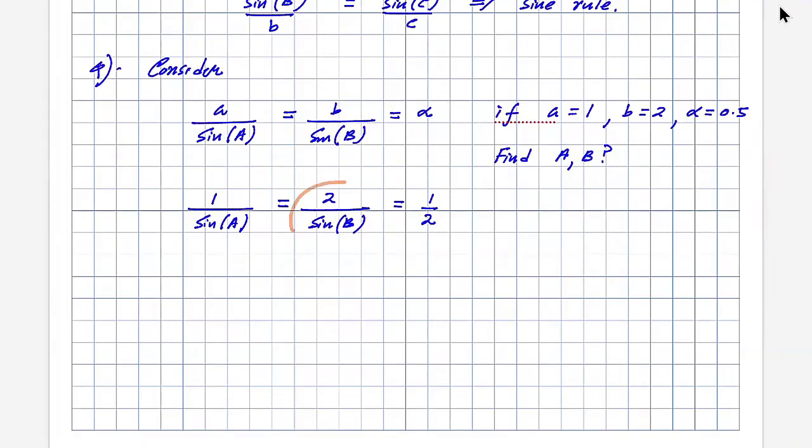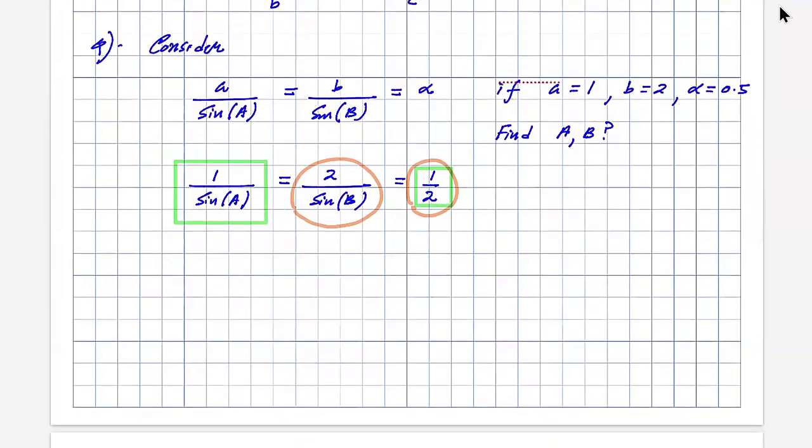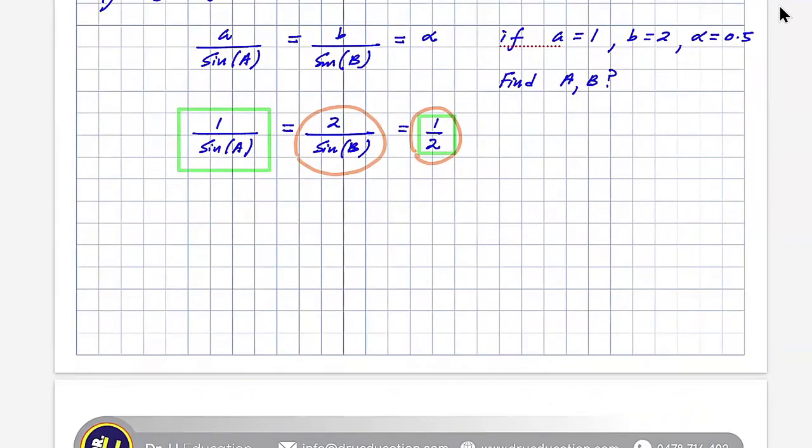So individually they are equal to each other. To find A, I'm going to take these two and say 1 divided by sine A is equal to half.